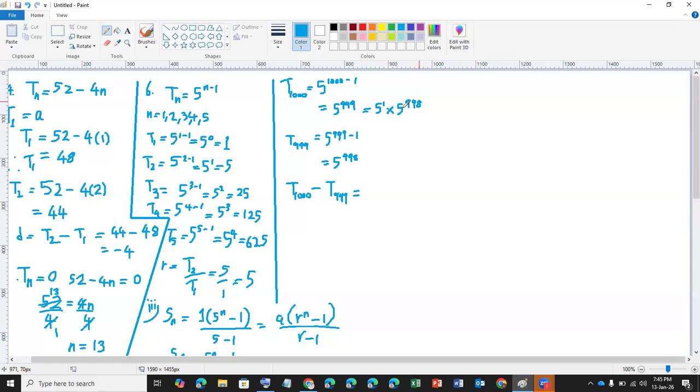Okay, now that's what I'm going to use and do this thing. Instead of using this one, I'll use this one.